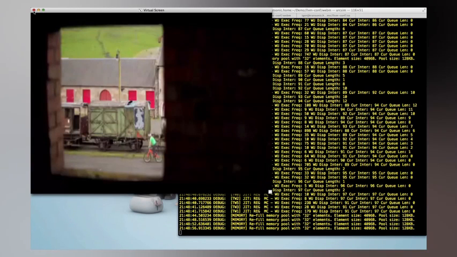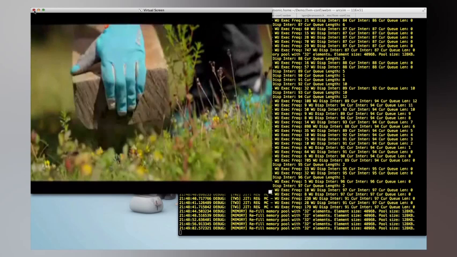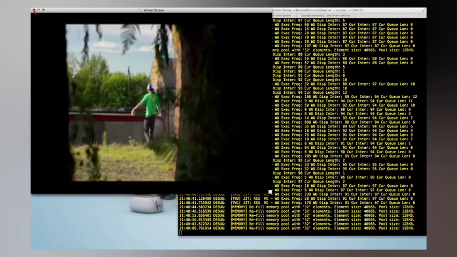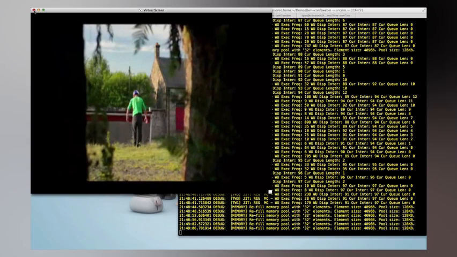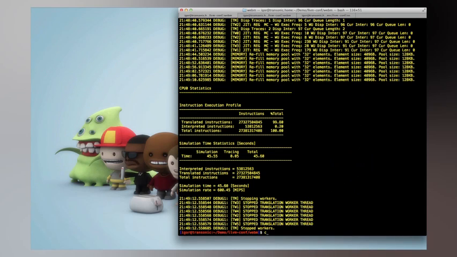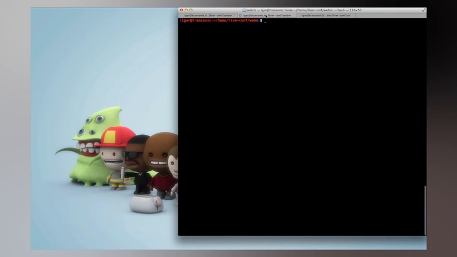Okay, so while this example is quite nice to look at, it's still hard to imagine what a concurrent and parallel JIT really buys you. So in order to demonstrate that, I'm going to run two simulations side by side, both doing video decoding and playback of the same video.